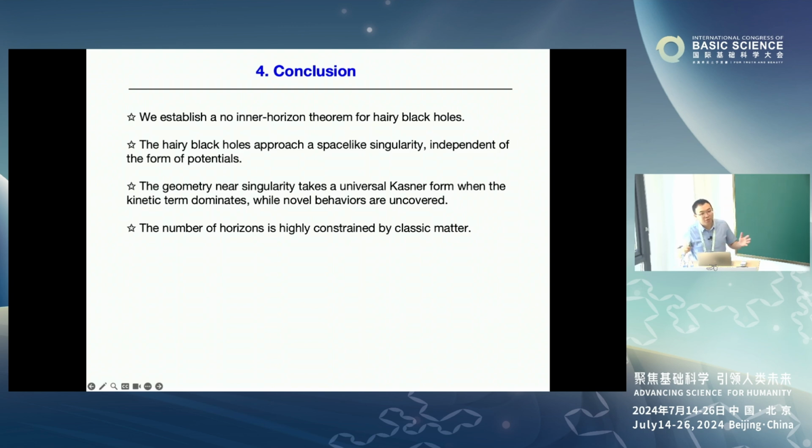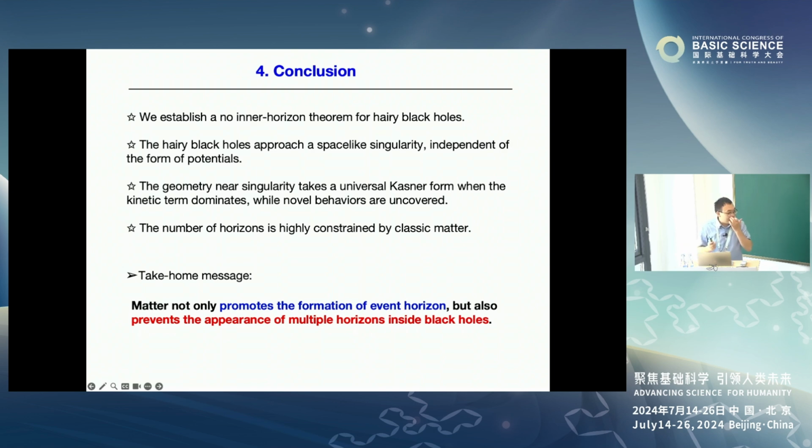But I also showed you some novel behaviors that are not described by the Kasner form, and even complicated alternation between different Kasner universes. And I just want to convince you the number of horizons inside the black hole can be highly constrained by classical matter. That's the main result.